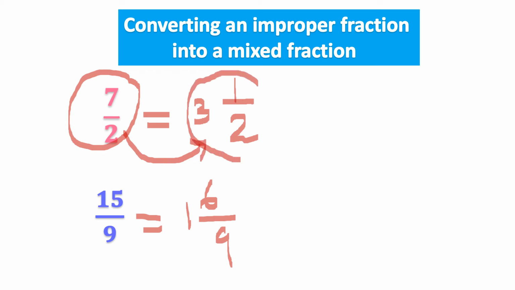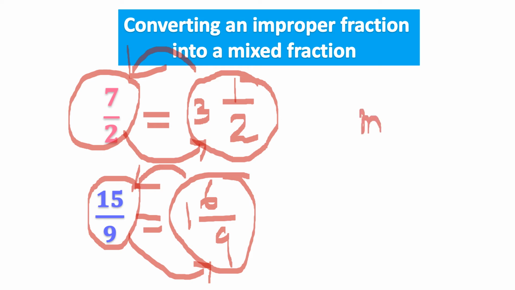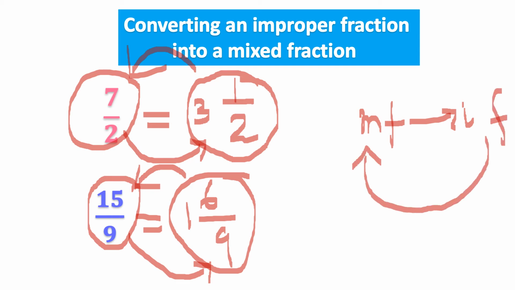And when I converted this, I got this. Likewise, when I converted this, I got this. And when I converted this, I got this. So can you see? That means a mixed fraction, when I convert it into an improper fraction, I'll get the same thing when I convert this improper fraction into this mixed fraction.